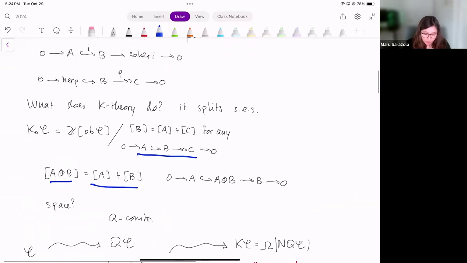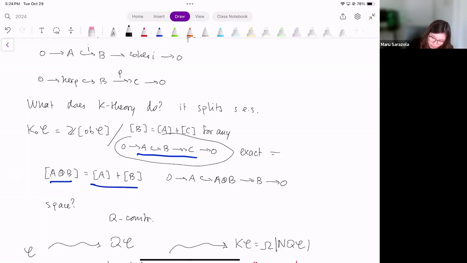And even our condition of the short exact sequences can be rephrased in terms of squares, because it turns out that a sequence like this is exact if and only if I form the commutative diagram that has A, B, and C. I'm going to complete it to a square by putting the zero object and the unique maps.